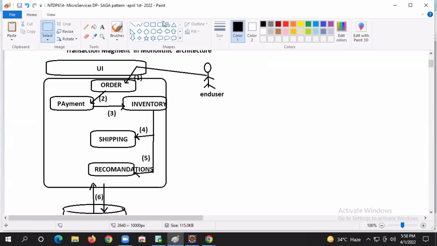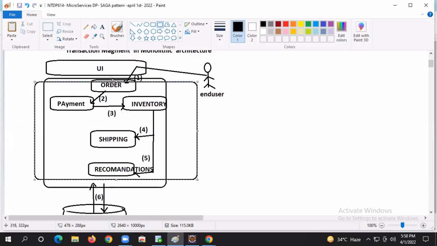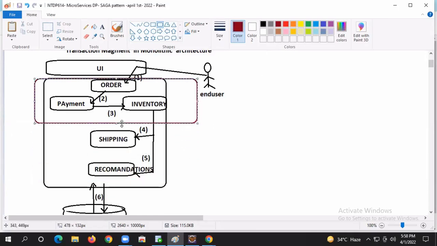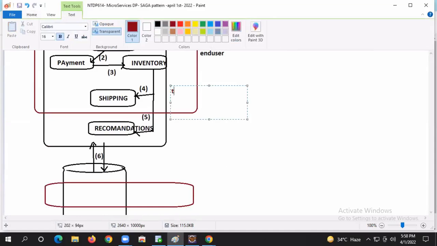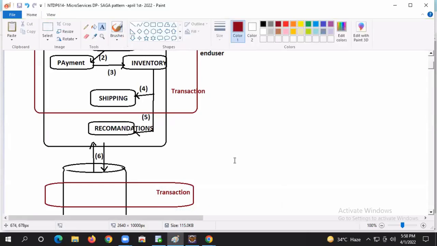Now listen, I would like to keep all these activities in a transaction boundary. Possible? Definitely possible. Here also I want to keep the same transaction, guys.